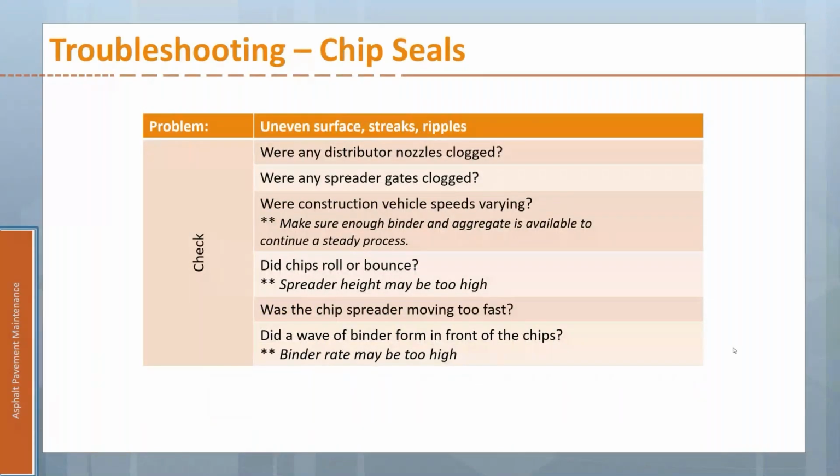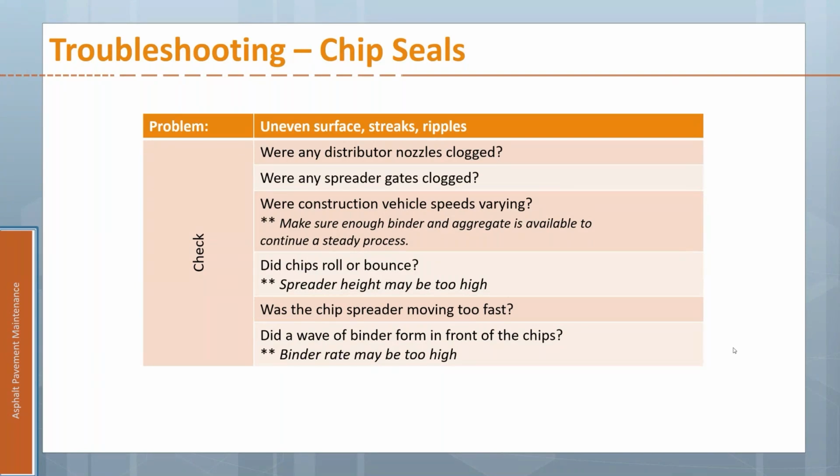And if you have an uneven surface, sometimes you'll see streaks or ripples. Make sure your distributor truck does not have a clogged nozzle. Make sure you didn't have any spreader gates on the chip spreader that were clogged. Make sure that the speed on your construction vehicles were all consistent.